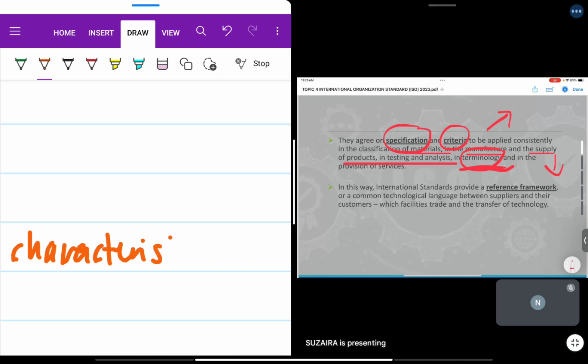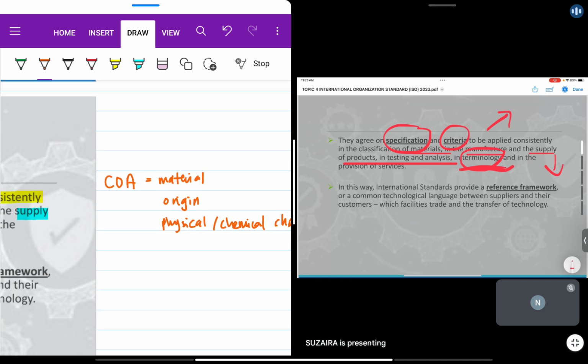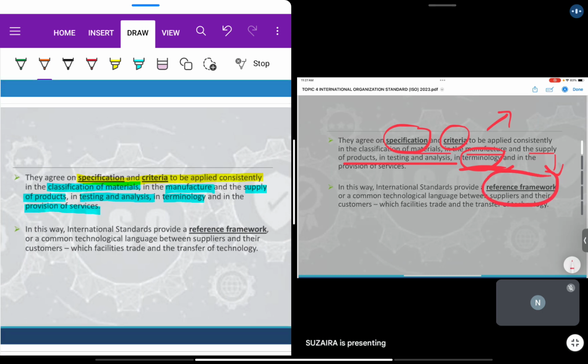Once we come out with the standard, this standard can be a reference. It means that we can refer to it, for example, if we want to export our product to another country, to see what requirements we need to follow. Of course we need to follow the reference, the guideline, because if not, the product won't be released into their country.